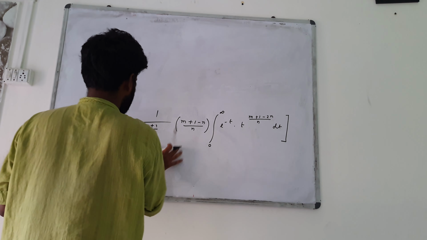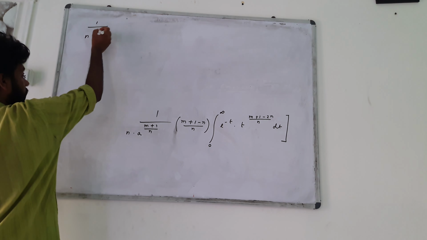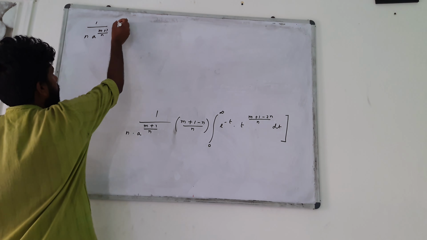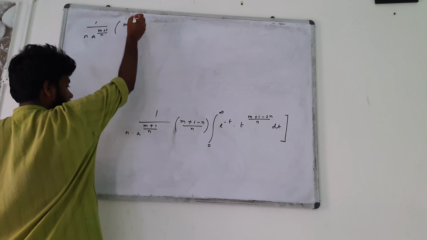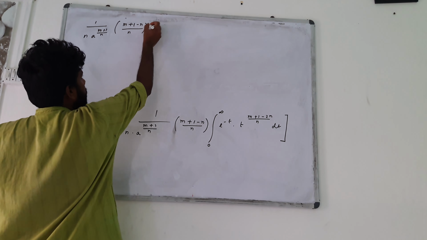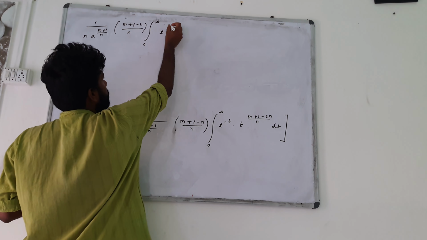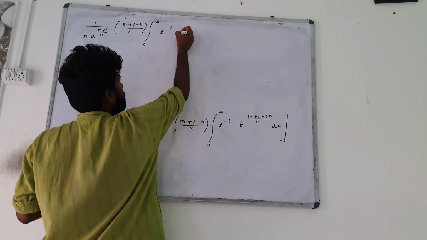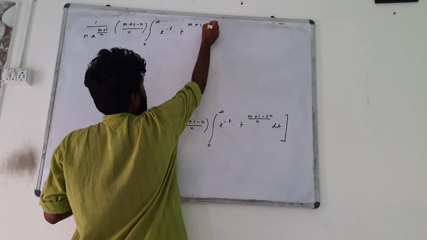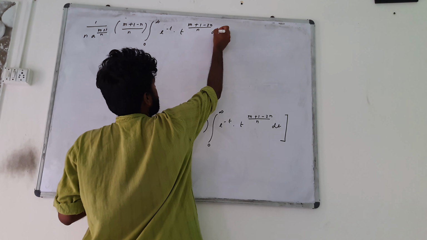So first of all, let me write this: m plus 1 by n into m plus 1 minus n by n, then the integral 0 to infinity e power minus t, t to the power m plus 1 minus 2n by n dt.